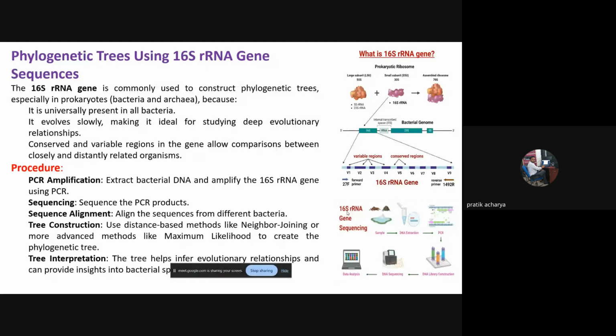When we are talking about a prokaryotic ribosome or eukaryotic ribosome, we have a large subunit as well as a small subunit. Here is the pictorial presentation of a prokaryotic cell. The small subunit contains this 16S ribosomal RNA because this RNA is associated with this ribosome. That's why it is ribosomal RNA.